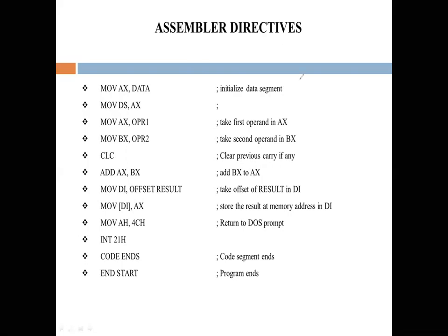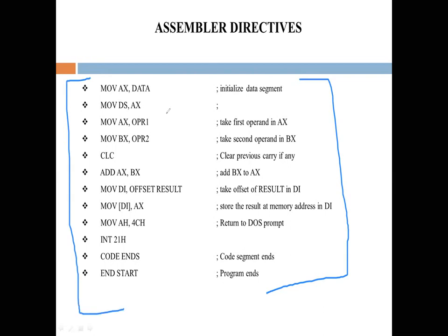Now we come to our program logic. The first line is written MOV AX, data. This is initialization of the data segment, and after that initialization, operand 1 is moved into the accumulator and operand 2 is moved into register BX. The CLC command is used to clear the previous carry.